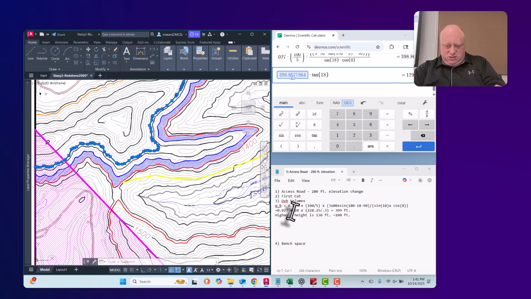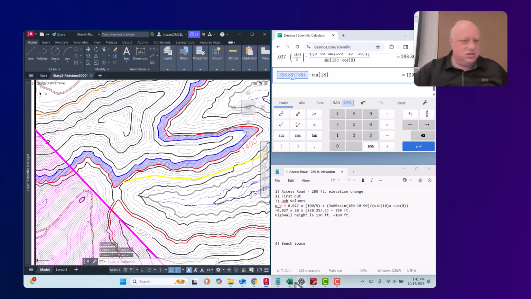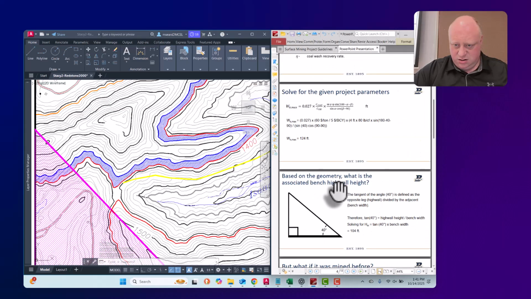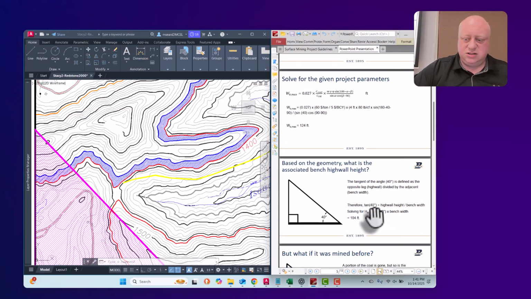Now, we need to go back to this calculation, h equals tangent of alpha, beta, whichever one, that's alpha. And if we want to use 100 feet instead, we can resolve for the bench width. So it's just h divided by the tangent of the slope.